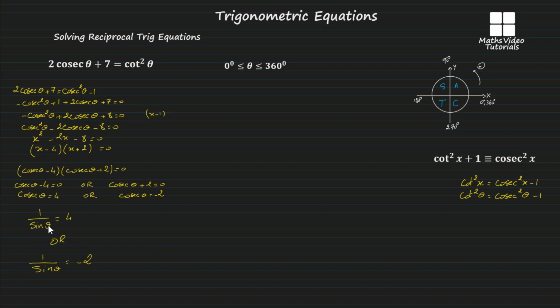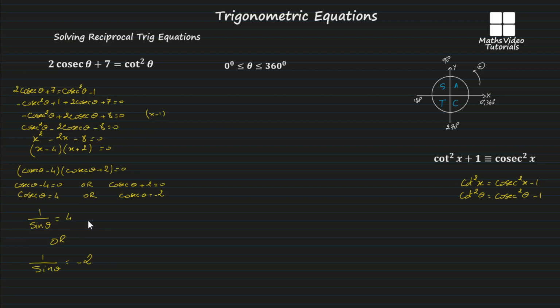So we've got two equations to solve. 1 over sine theta is equal to 4. 1 over sine theta is equal to minus 2. Again, we need to make sine theta the subject. So we need to flip the left-hand side over. And the same thing here, we need to do the reciprocal of 4. Because this is 4 over 1, and you flip it over, it becomes 1 over 4.